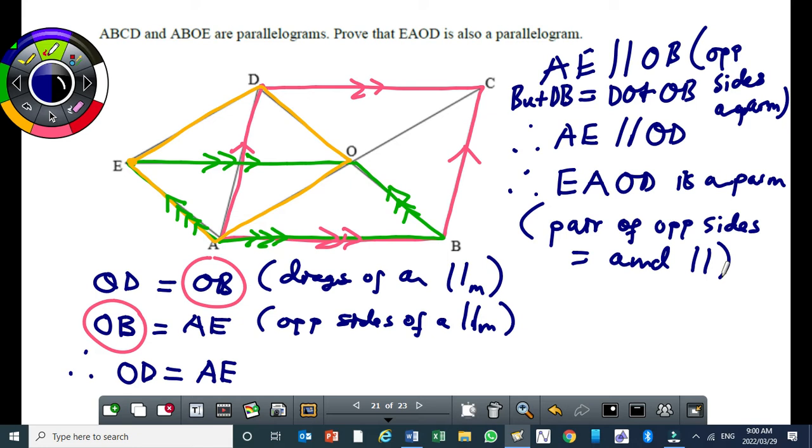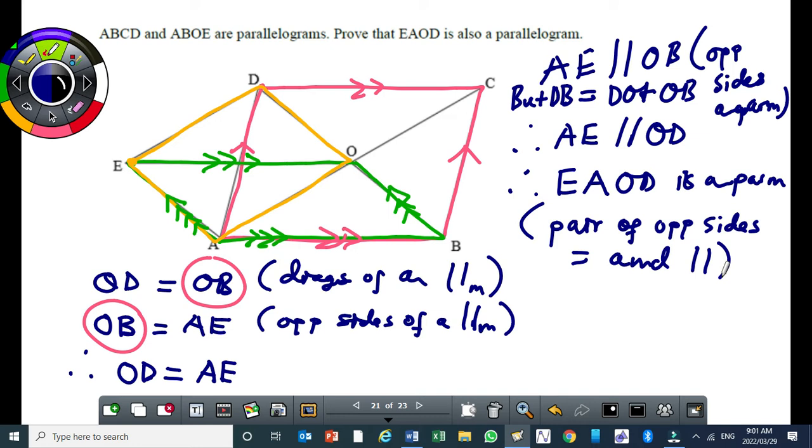What that means is the gradient of OB is the same as OD, it's also equal to DB. That's why AE is parallel to both. So the same goes for A, O, C. The gradient for AO is the same as OC, is the same as AC, because those three points are along the same straight line.